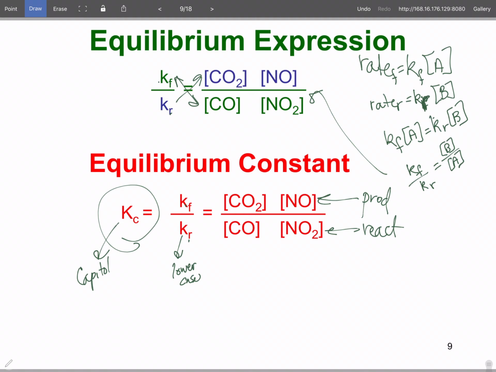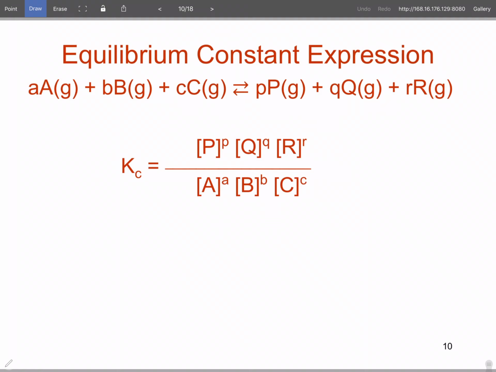And we have the stoichiometric amounts because this particular equation was 1-to-1. So when we look at our equilibrium expression, if that's our equation, then we take all of our products, put them on the top, and all of our reactants, put them on the bottom, and the exponents are our coefficients. So that's how we do a K.